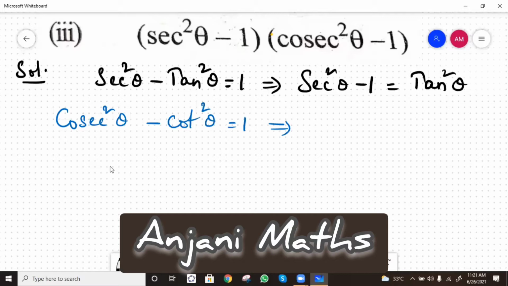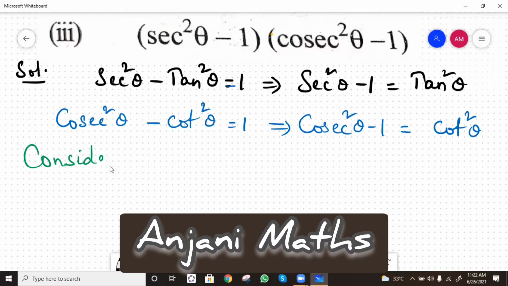What do we have in the problem? We have cosecant square theta minus 1. Cosecant square theta minus 1 is equal to, you bring this plus 1 this side and minus cot square theta this side. We get cot square theta. Clear? So consider secant square theta minus 1 into cosecant square theta minus 1.